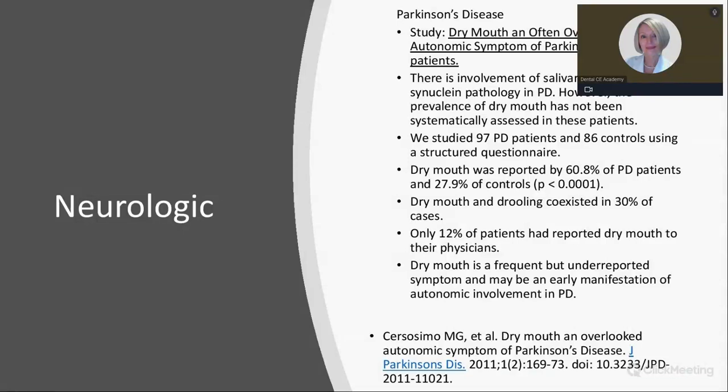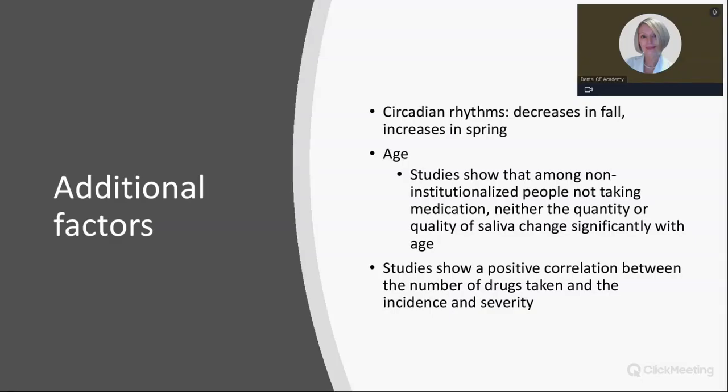Dry mouth was reported by 60.8% of the Parkinson's patients and 27.9% of the controls. Dry mouth and drooling coexisted in 30% of the cases. However, only 12% of these patients had reported dry mouth symptoms to their physicians. So it's thought that dry mouth is a frequent but underreported symptom and may be an early manifestation of autonomic involvement in Parkinson's disease patients.